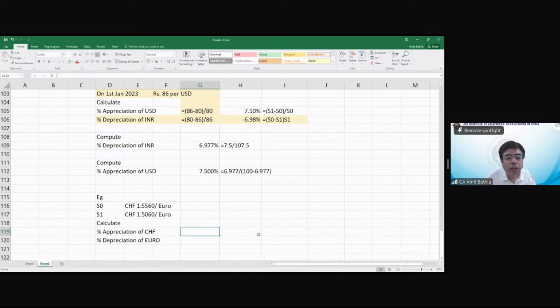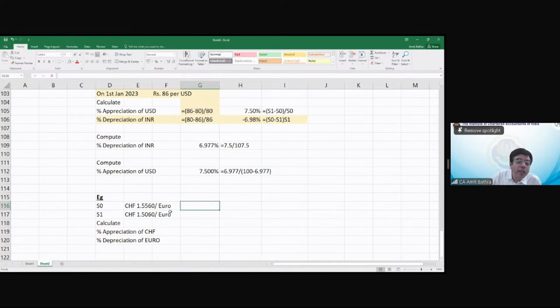Let's try and calculate now. What will be the percentage appreciation of CHF? This is the reverse of earlier. Earlier the base currency was appreciating, your USD was appreciating. Here, what is your base currency?